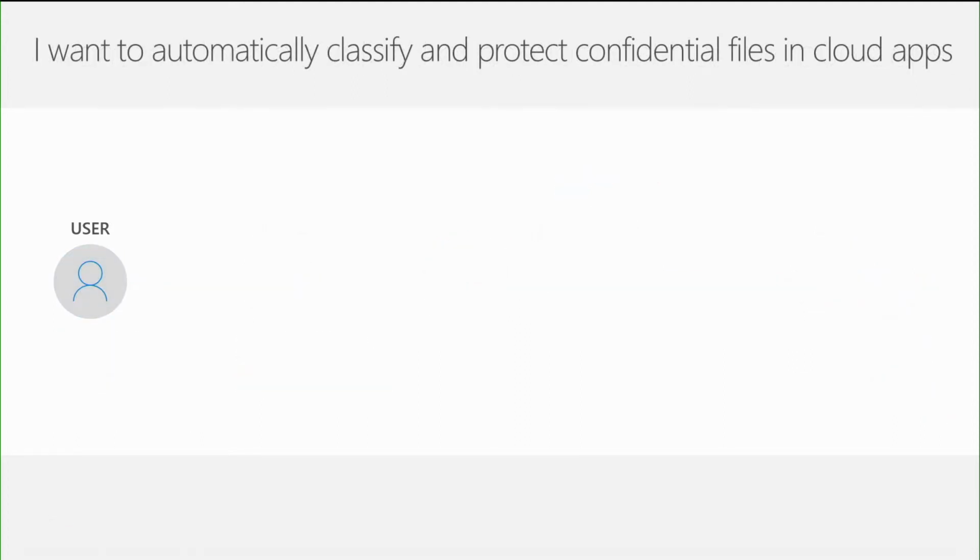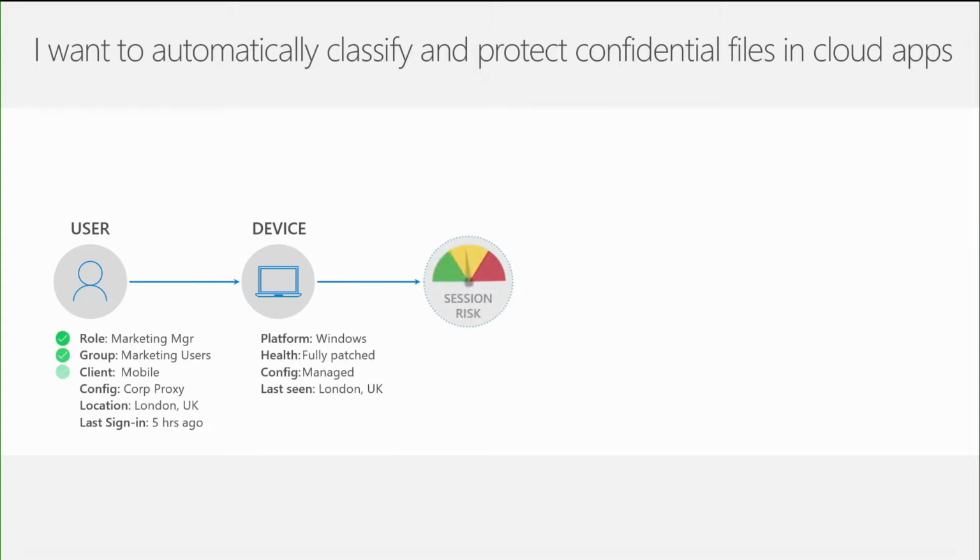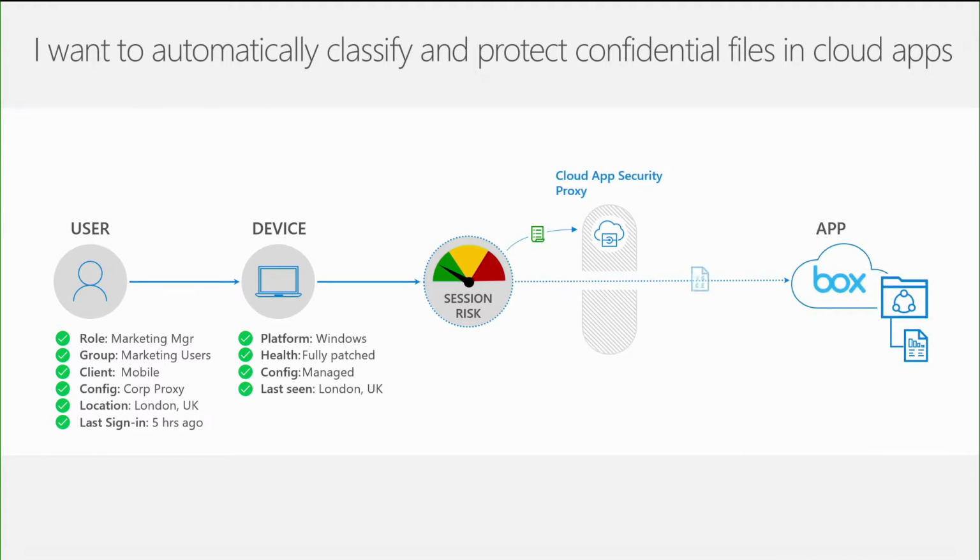Another good scenario is how we can automatically classify and protect confidential files in cloud applications through the integration of Azure Information Protection and Microsoft Cloud App Security. Here's a common scenario in marketing. There is a marketing manager, and all the conditions the user is coming from are good. The session risk is low, coming from a managed device, again routed through the Cloud App Security proxy, uploading a document to Box, but not necessarily classifying the file.